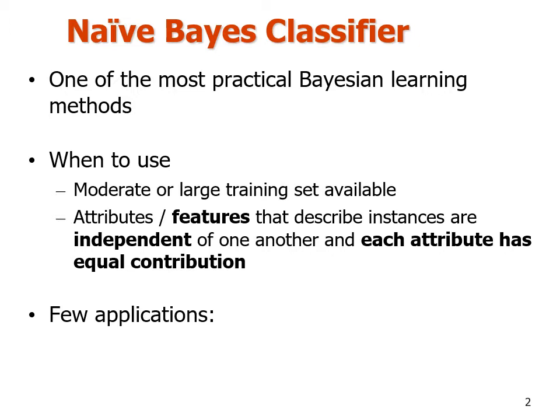The first is that this algorithm is popularly used for medical diagnosis problems, and secondly, it is used to classify text documents. As I mentioned, these are only a few applications. We have an enormous list of applications that actually make use of this Naive Bayes classifier.